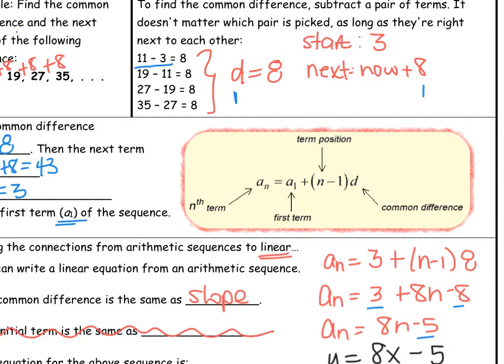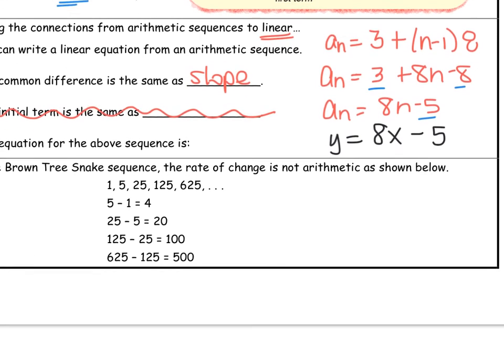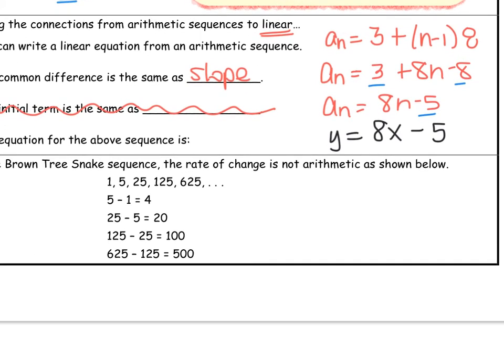So what happens if we have a sequence that does not have a common difference? We're going to take a look at the brown tree snake sequence right here. In this sequence, the rate of change is not arithmetic as shown below. If we subtract one term from the next, we get a difference of 4.